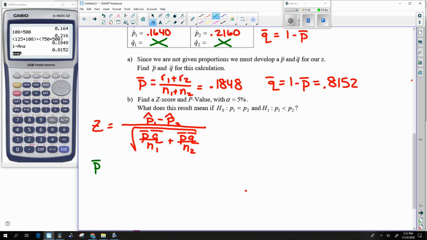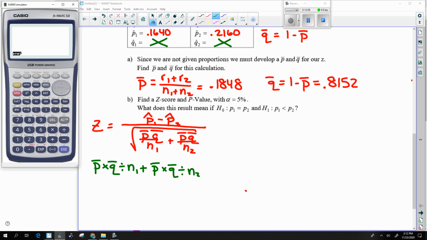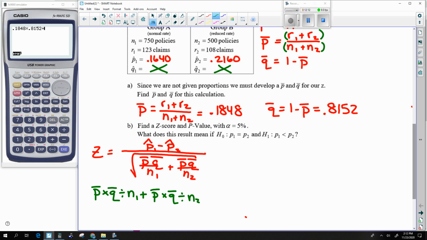So I go p bar times q bar divided by n1, plus p bar times q bar divided by n2.